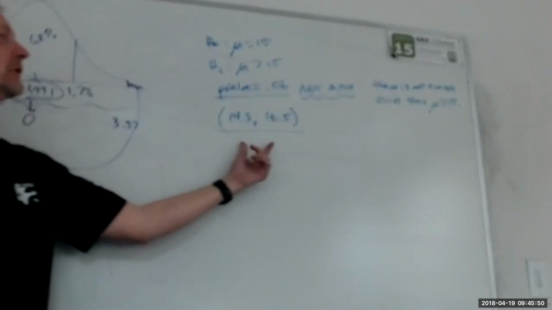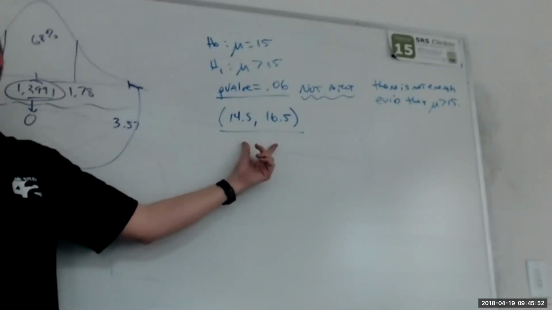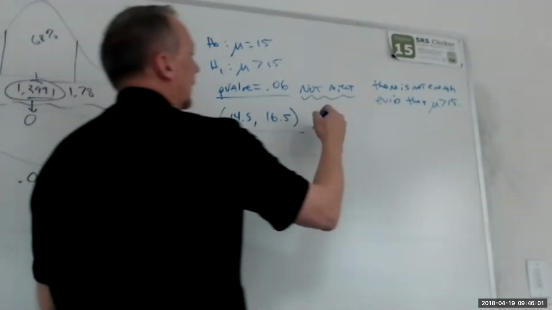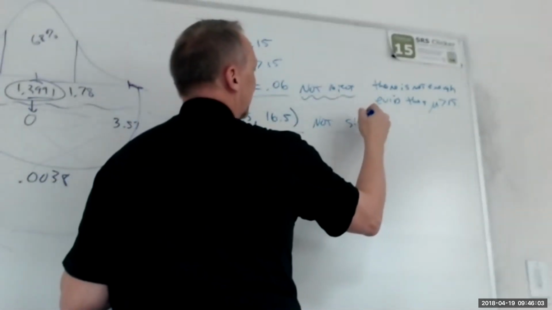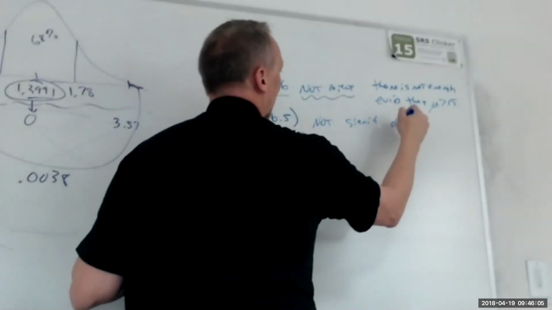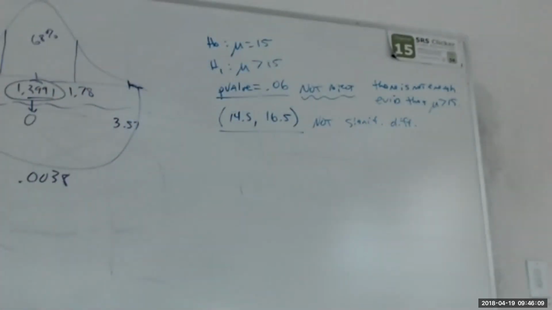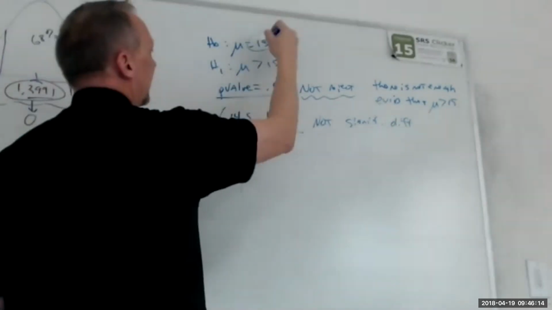Because mu, our null, mu is right in the middle. Mu is 15, so you say there's not a significant difference? Correct. Is that the correct reason why? And so why is the correct reason? Because 15 fits within here.